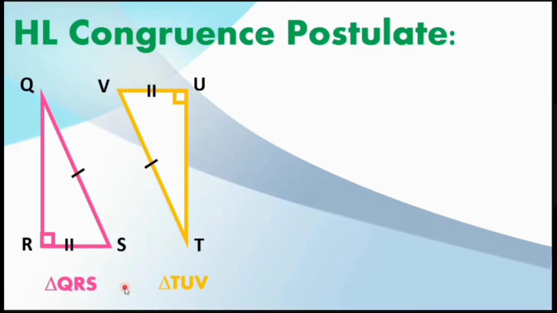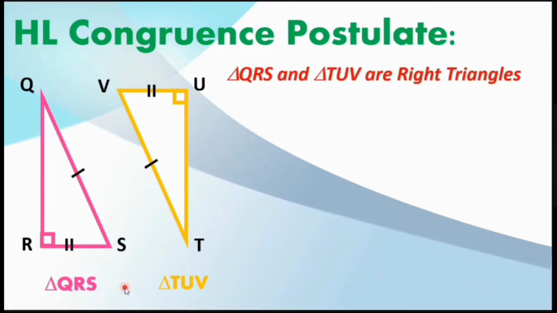What is the first condition? First, triangle QRS and triangle TUV are right triangles. Because if they are not, we don't need to use the HL congruence postulate in proving that the two triangles are congruent.